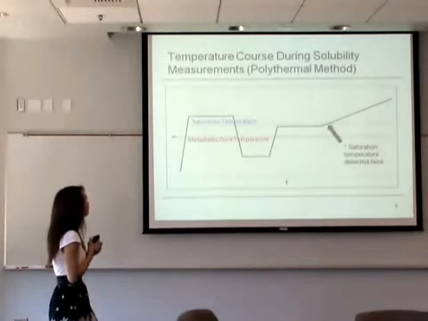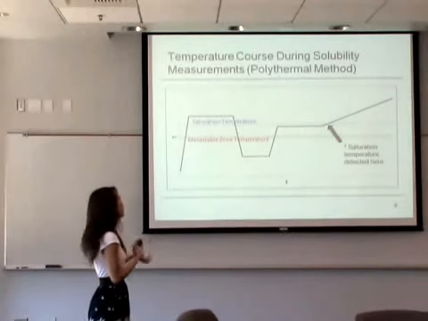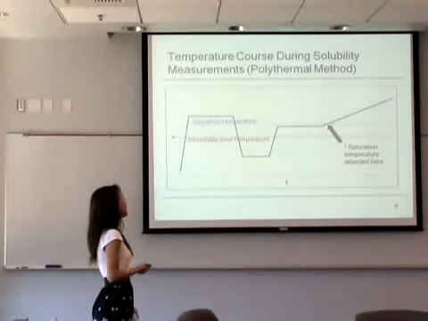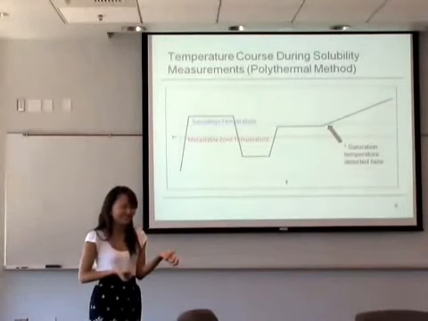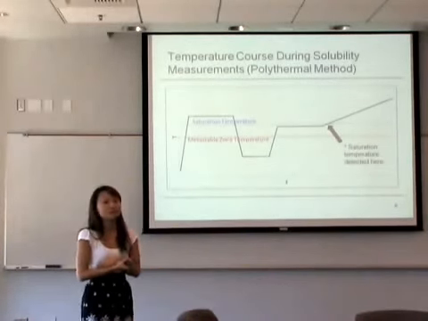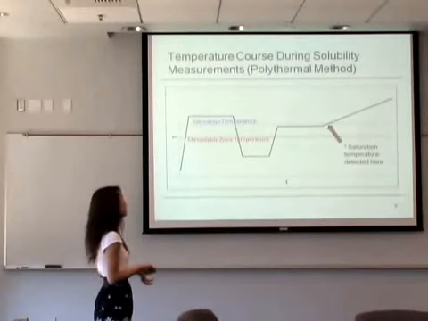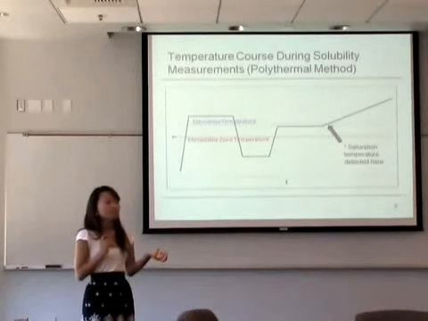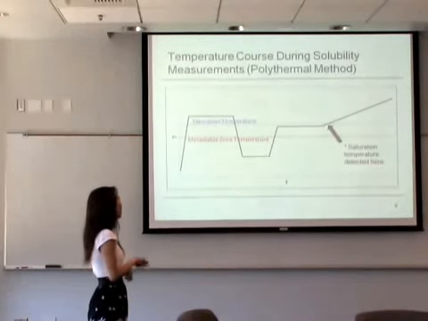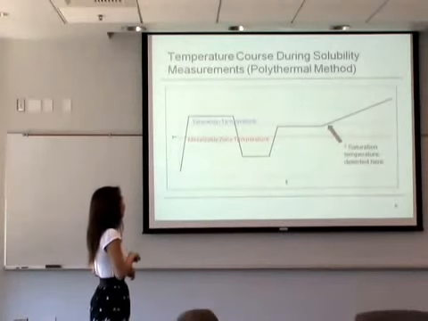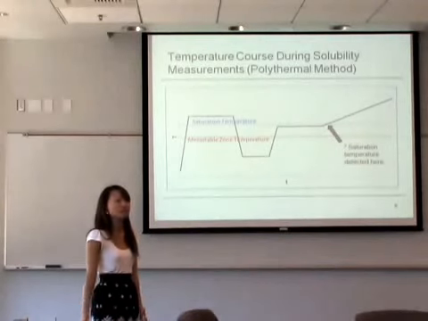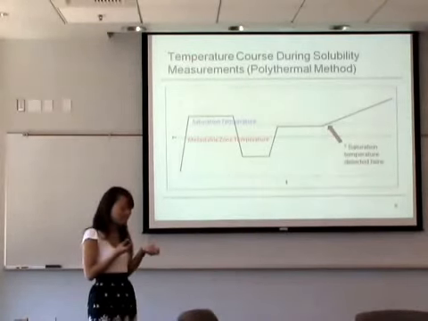In order to look for the solubility, I use this temperature measurement, which is the polythermal method. Starting from my powdered compounds, I raise the temperature to something above the saturation temperature. I wait till all of the powder has dissolved, and then I plummet the temperature down to something way below the metastable zone temperature, and then I would see crystals spontaneously nucleate.